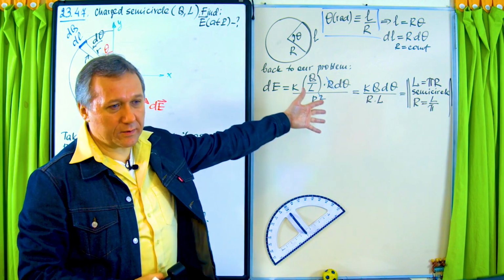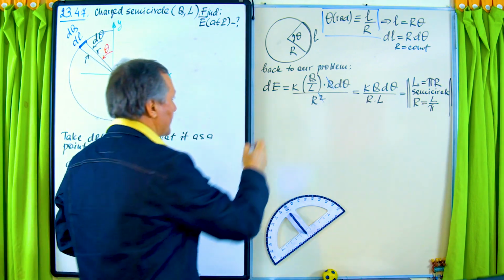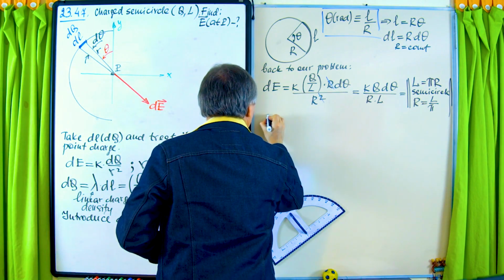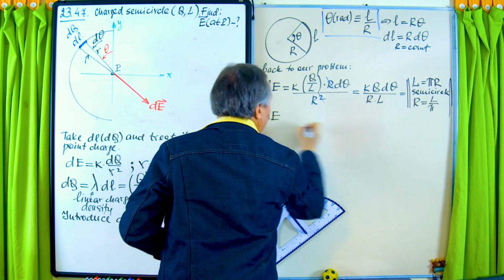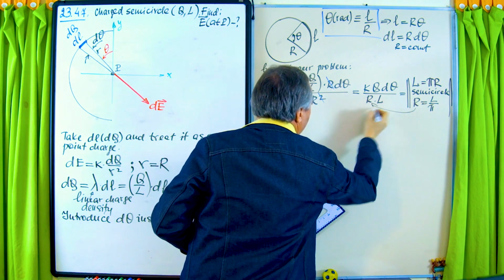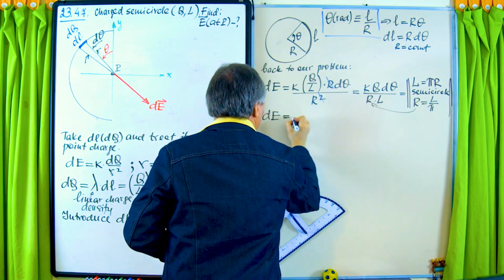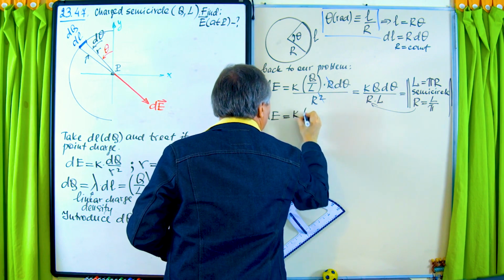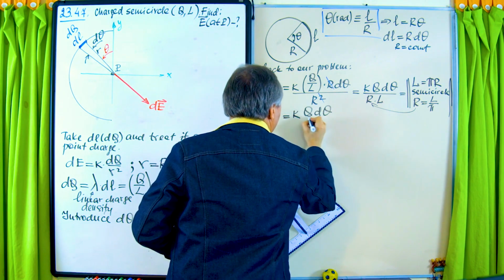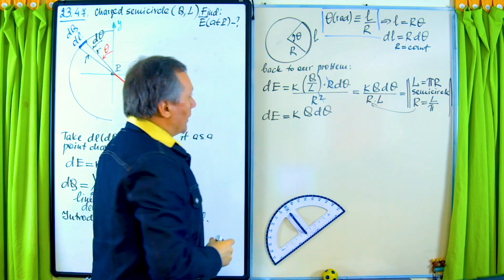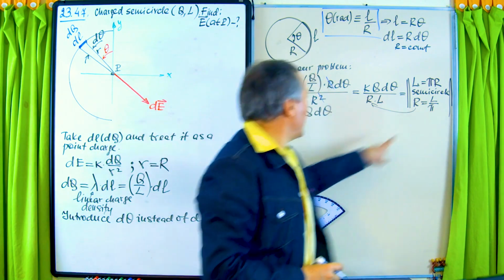So let's plug it in, and we will have an expression for the magnitude of the electric field. It will be k q d theta, and of course this pi will go upstairs.